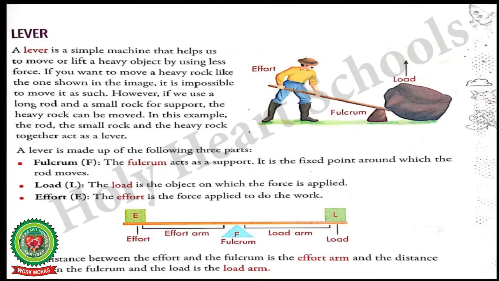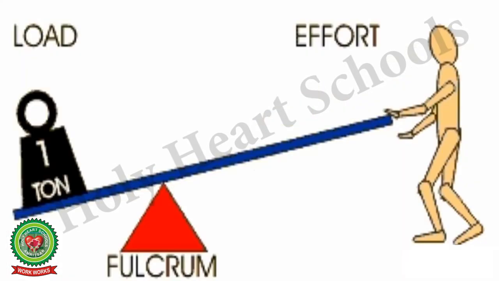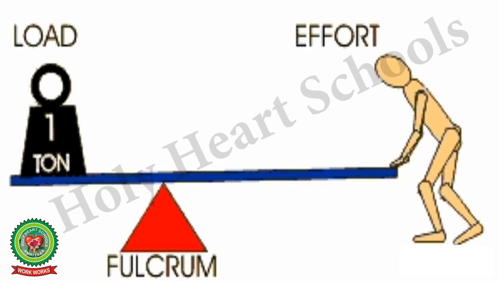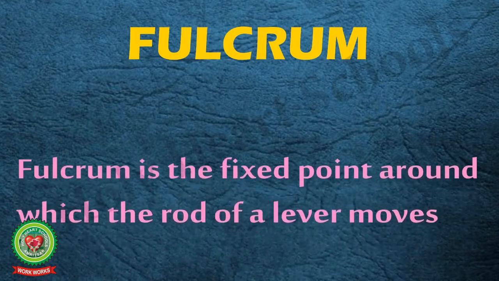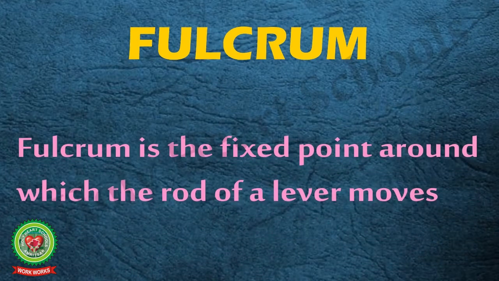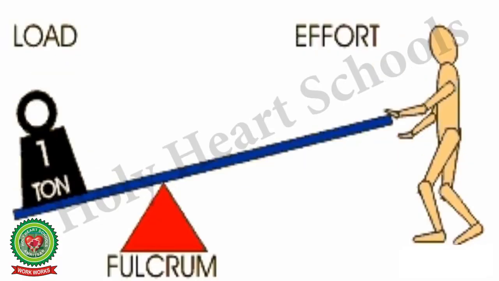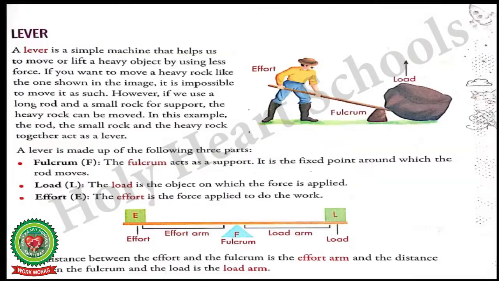Students, a lever is made up of three parts: fulcrum, load, and effort. Now, what is fulcrum? Fulcrum is the fixed point around which the rod of a lever moves. It also acts as a support. Now, next is load. What is load?